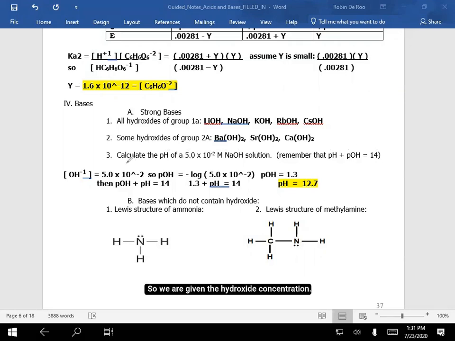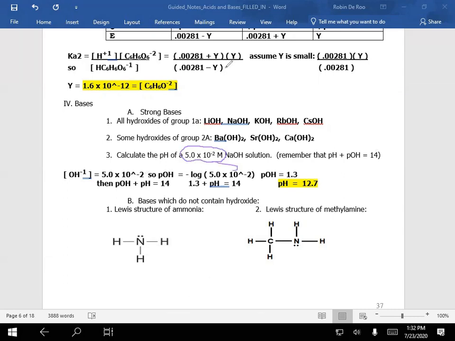So we are given the hydroxide concentration, and we can use the formula that pOH equals minus the log of the hydroxide concentration. And so then we take our molarity of our hydroxide, we put it in and solve for the pOH.